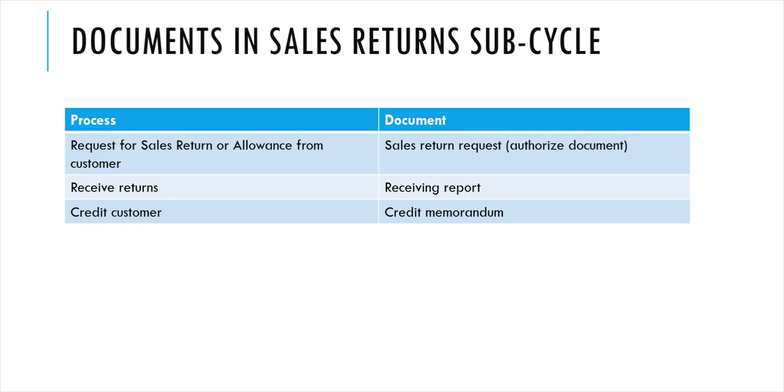The sales return request is when the customer wants to communicate and say, I want to return this thing. I'm going to communicate with the company, and they'll list out what they want to return. And it gets completed, though, by the company.